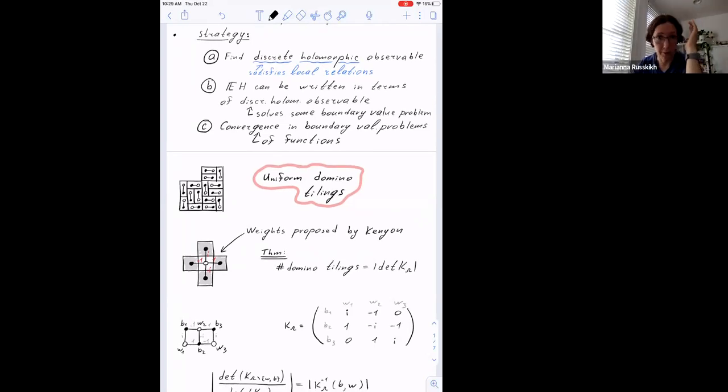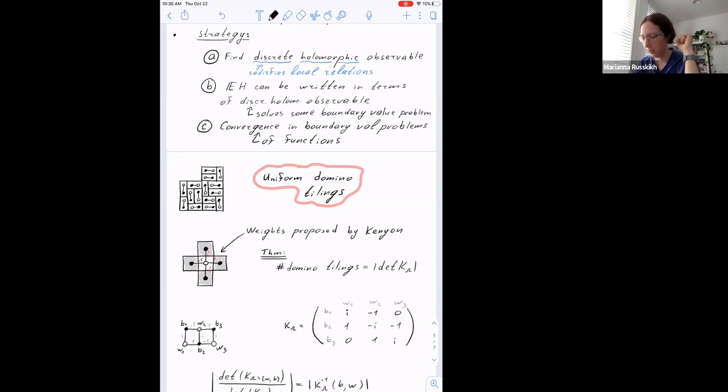So the idea is the following. Given some 2D lattice model, in our case, domino tilings, we're looking for some discrete holomorphic observable which satisfies some local relations. And later we want to think about these local relations as discrete holomorphicity.